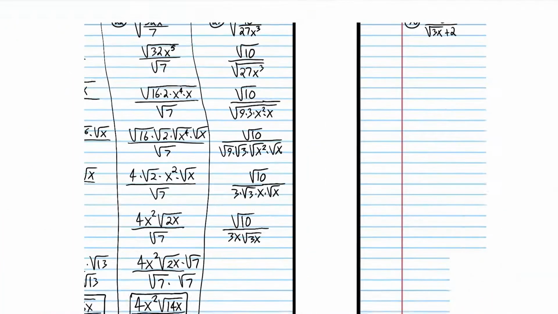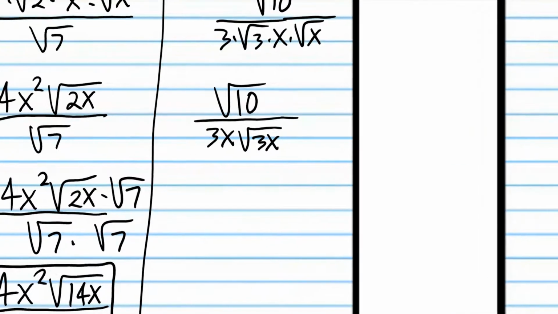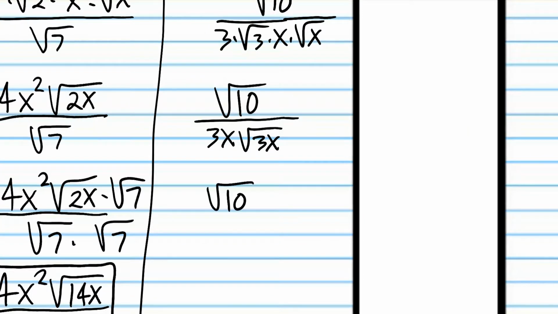So now we got rid of that perfect square factor in the denominator, but now we have to deal with the issue of the root in the denominator. So multiply both sides by root 3x to get rid of that root in the denominator.